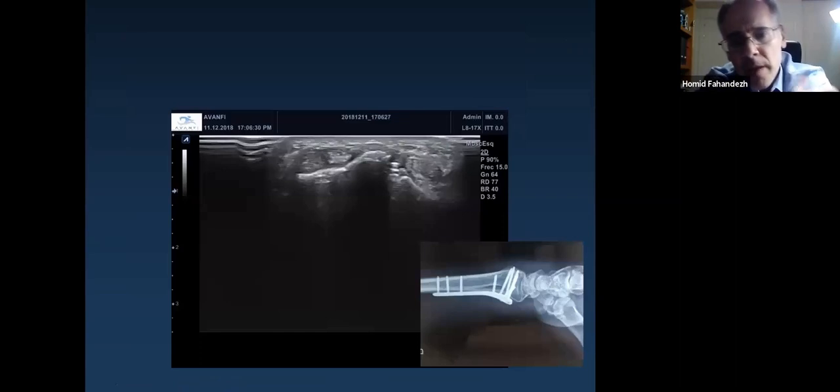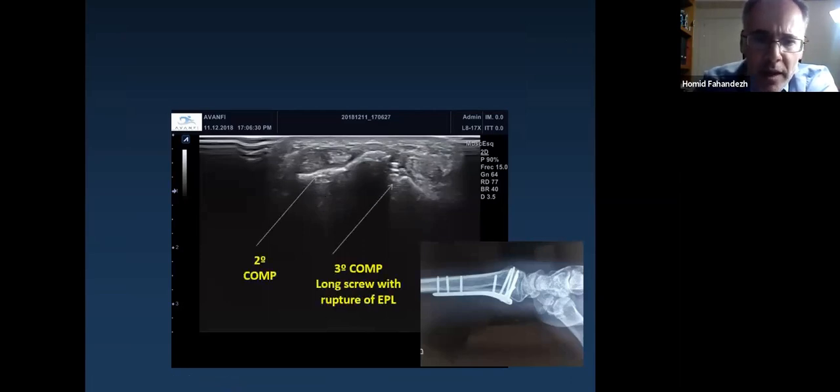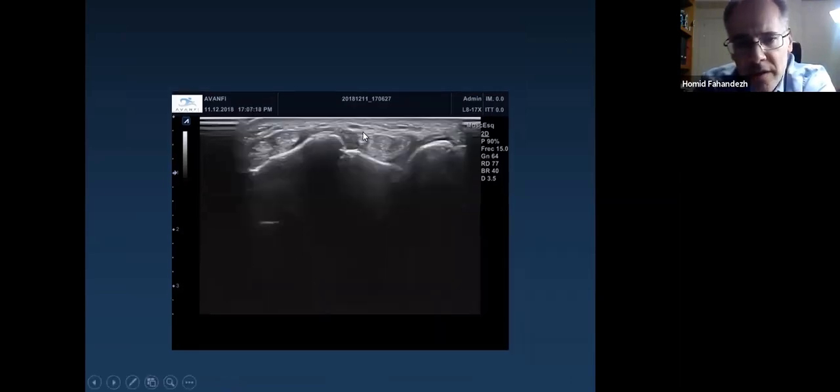I performed an ultrasound in my office, and easily you can see how there is a long screw inside of the third compartment. And also we can see that in the place where the tendon should be, there is nothing.